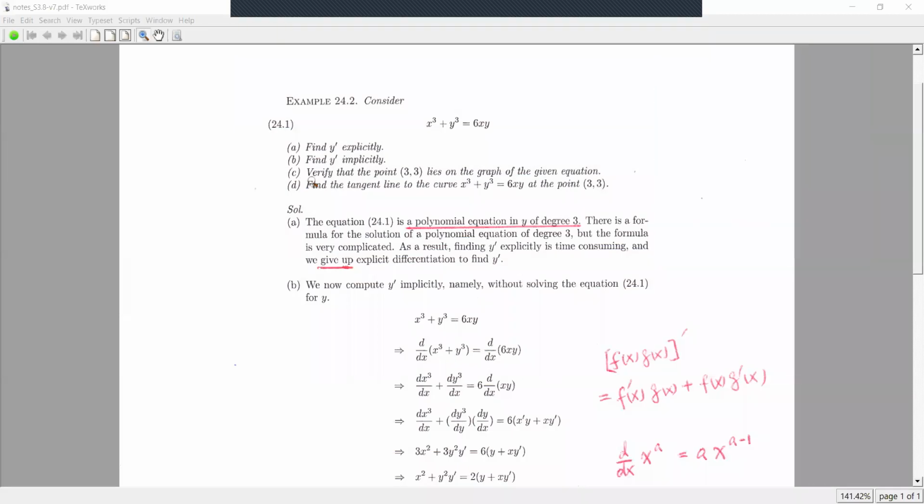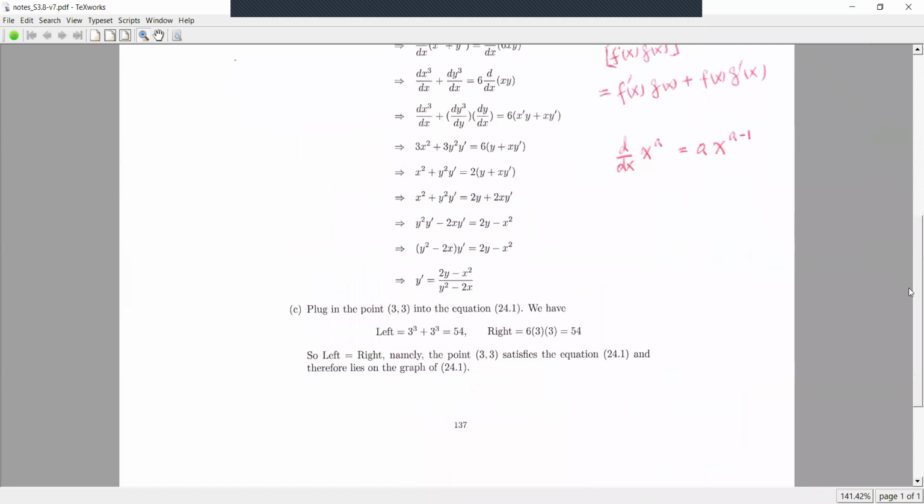Part C. Verify that the point lies on the graph of the given equation. To answer this question, plug the point into the equation and see whether or not the equation holds. Now, plug the point 3 into the given equation.